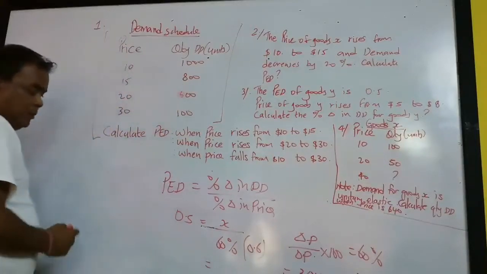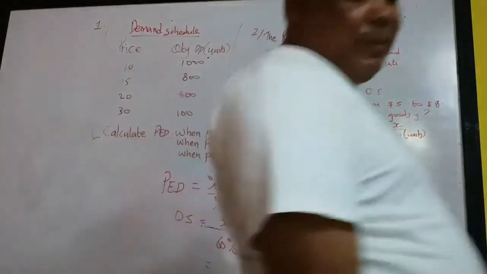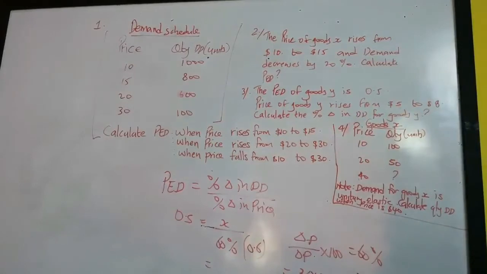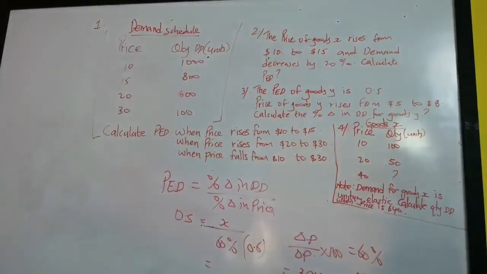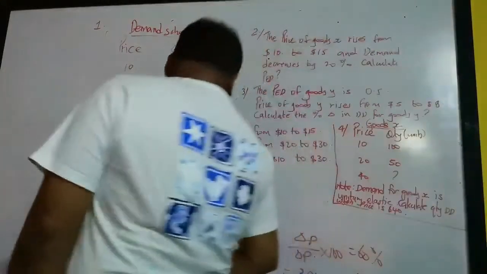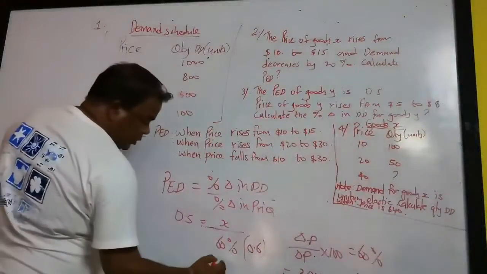Therefore, we have to cross multiply. This will give us 0.6 times 0.5, 0.3. So this one will be 0.3.